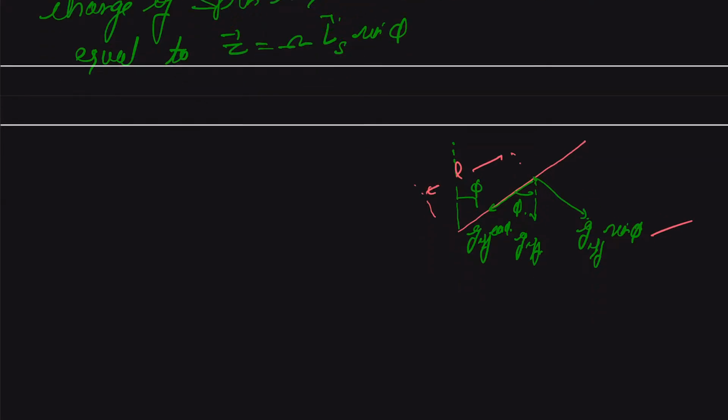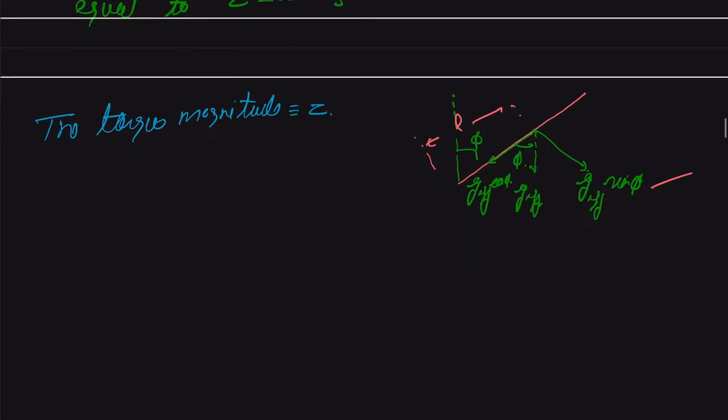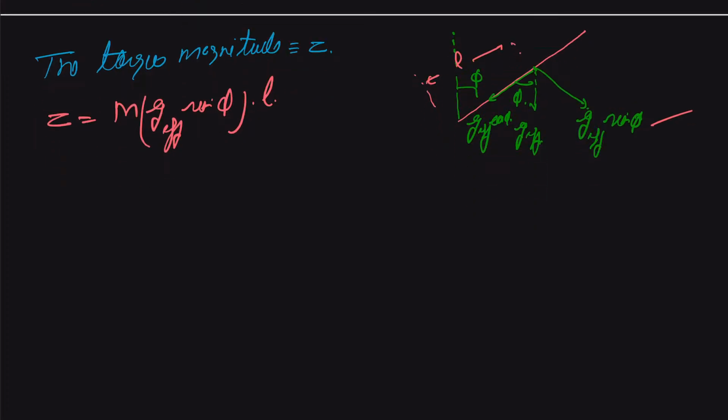Therefore we can say that the torque magnitude, let us suppose that is our tau, will be equal to m times g effective sine of phi multiplied by the perpendicular distance. Okay. And we can also find out our rate of change of this spin angular momentum.